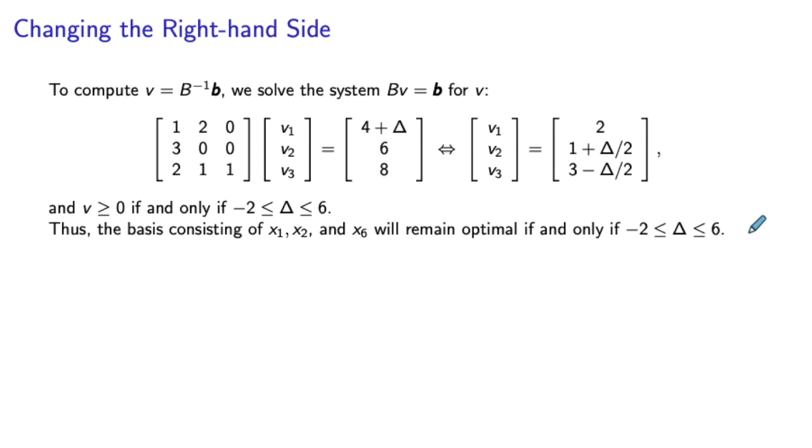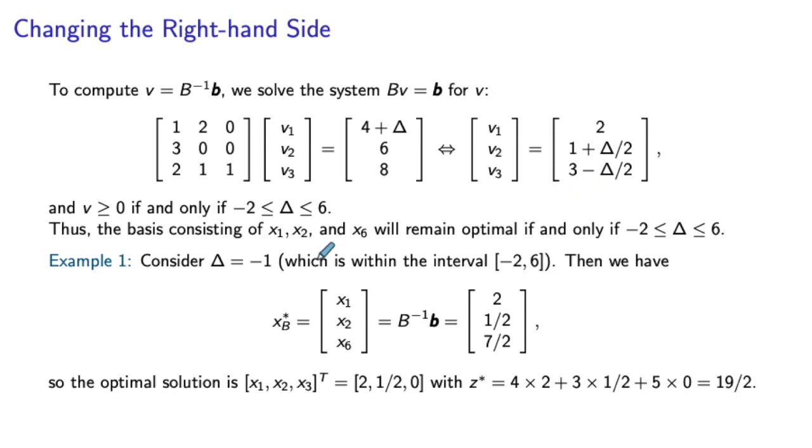So next, what we're gonna do, we'll take particular values of delta and see what the new optimal solution is gonna be for those deltas. And we'll take one delta from within this range and the other one from outside of this range. So first, for delta within the range, let's take -1. It is within the interval between -2 and 6.